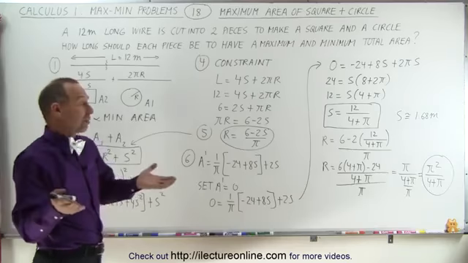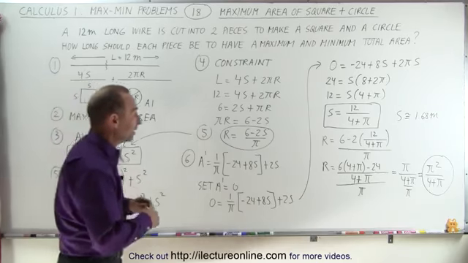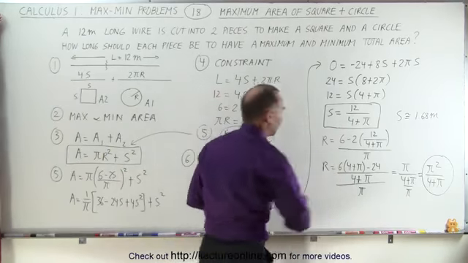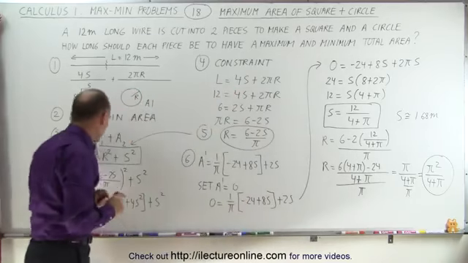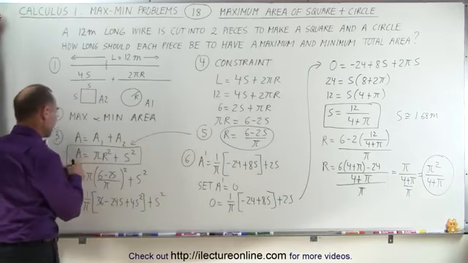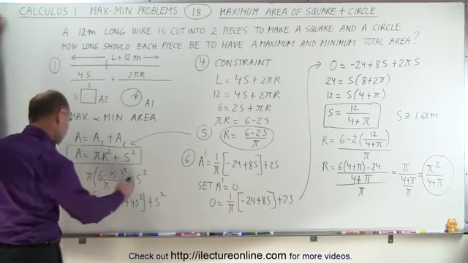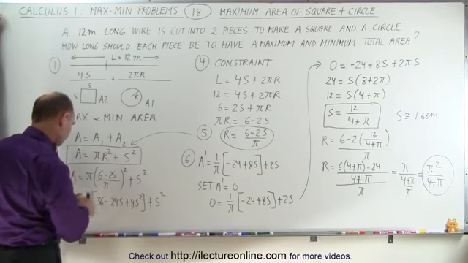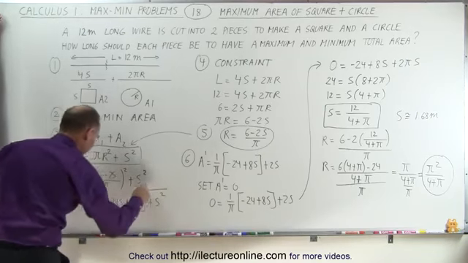Now, did we find the maximum or minimum values by finding the value for s and the value for r? Let's go back to the original equation here. We have the area in terms of s, let's go to this equation right here.